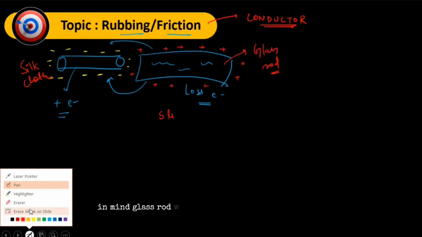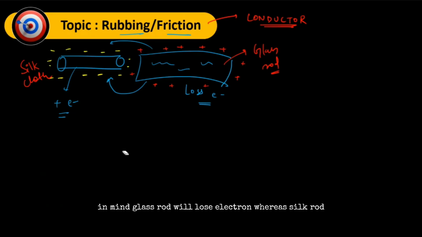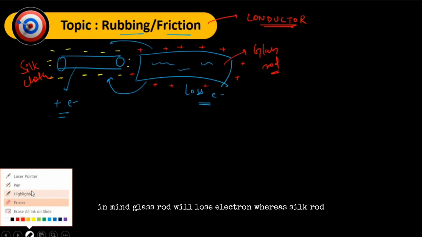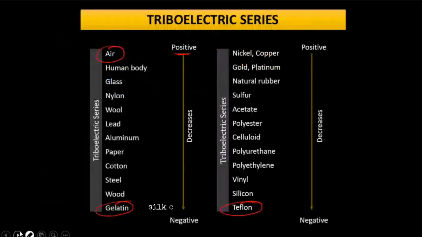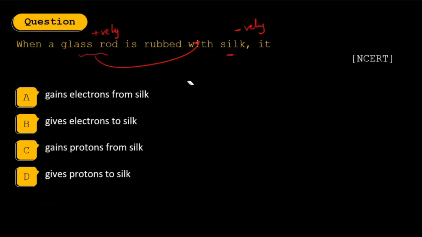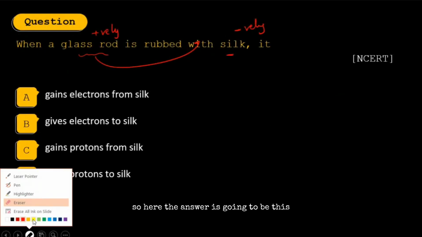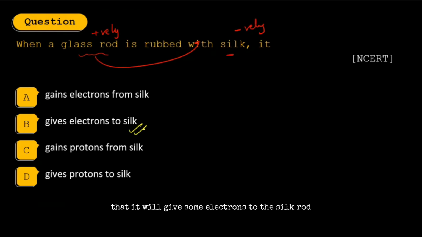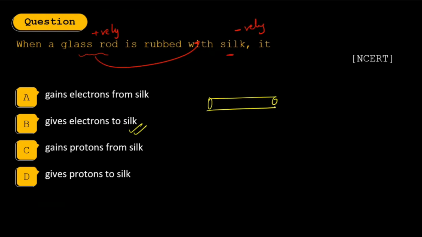We need to keep this in mind. Glass rod will lose electrons, whereas silk cloth will gain electrons. That is important. So here the answer is that it will give some electrons to the silk cloth, and becomes positively charged. Whenever anything loses electrons, it becomes positively charged.